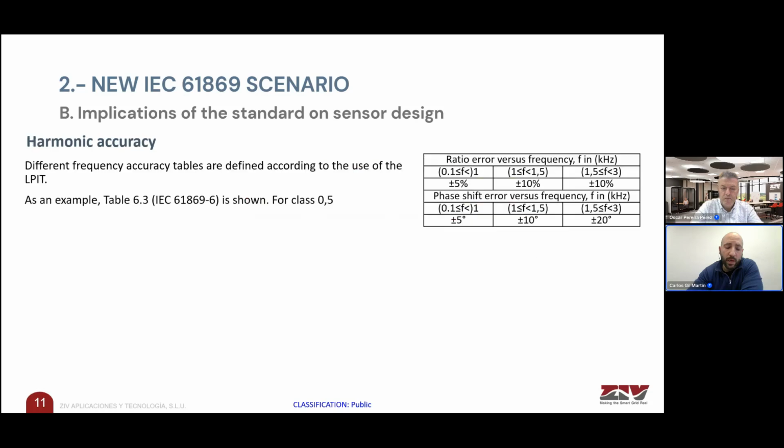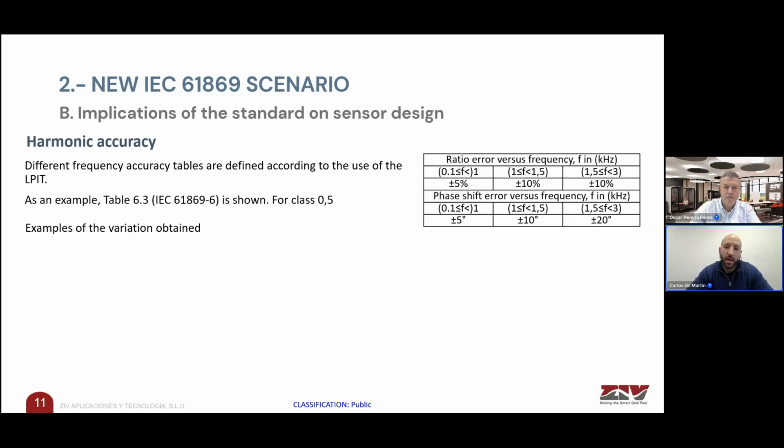Well, another thing we have to take into account in the sensor design is that the standard now requires a frequency response, because as we said in the previous slide, we have to check the quality of the grid, and for that we need control over the response of these sensors, which are measuring voltage and current, depending on the application.